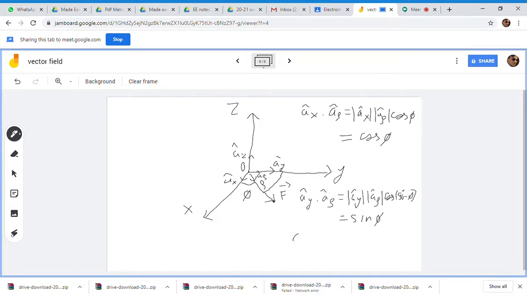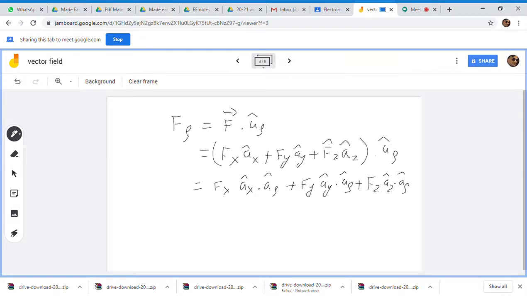Okay, and if you find az dot a rho, what will it be? What is the angle between these az unit vector and a rho unit vector? You can see it is 90 degree, so it will become 0. Okay, so you can replace these values in here.